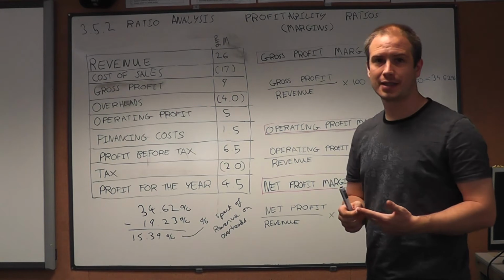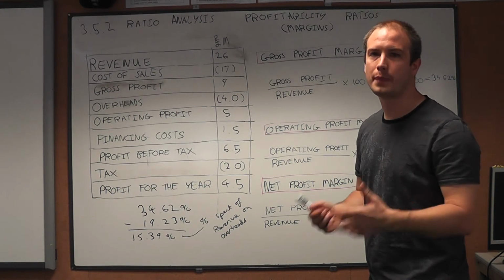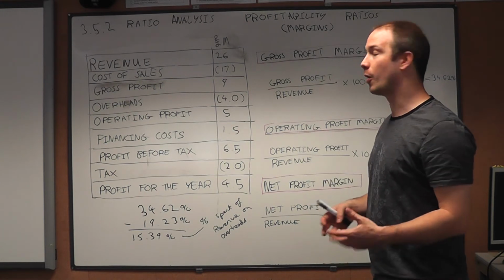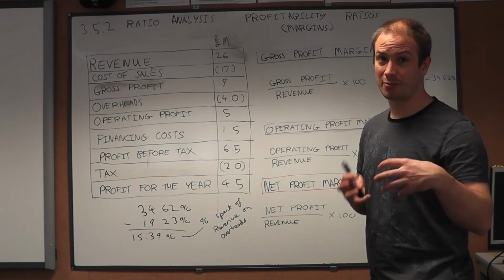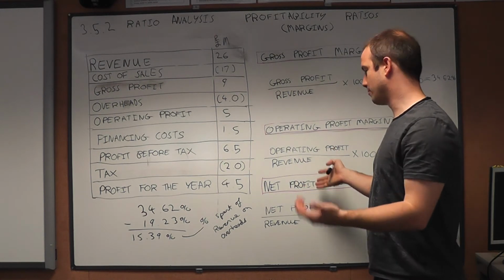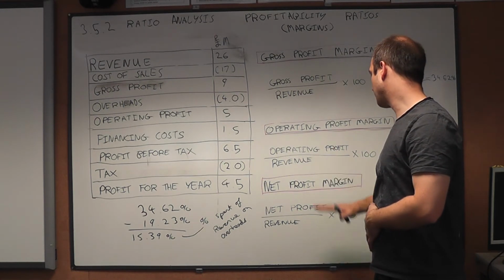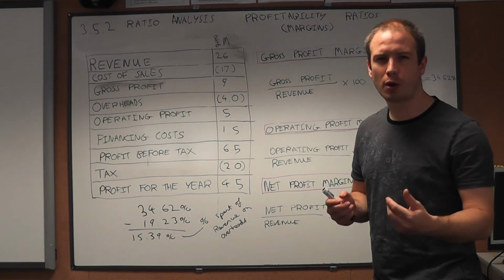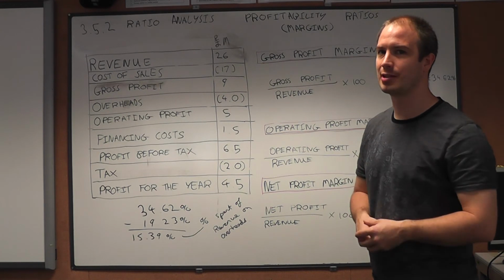So if you've got a business that has made a one-off sale of a building that it can't sell again, and that's included in its operating profit, then that business can look a lot more profitable in the short run than it's actually going to be in the long run.